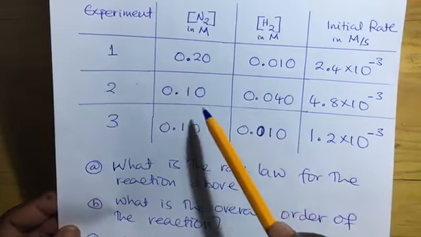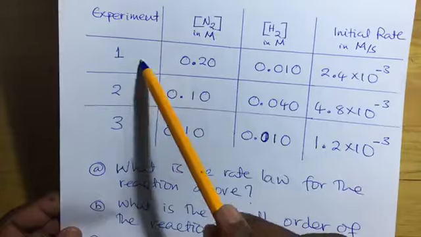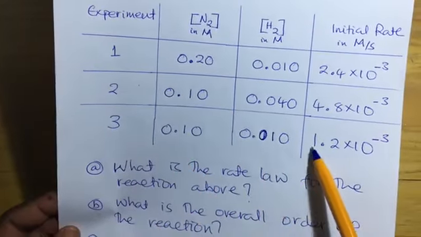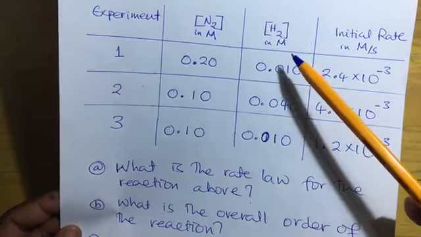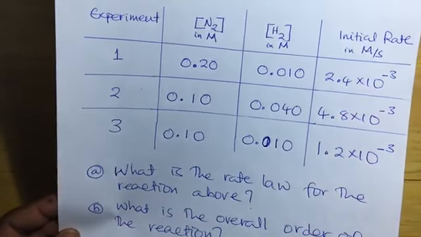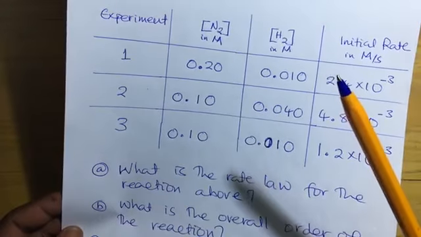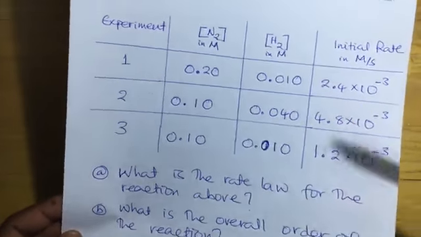If you look at experiment 1 and experiment 3, the concentrations of hydrogen are the same. So the first time you divide, at least one concentration should be the same.